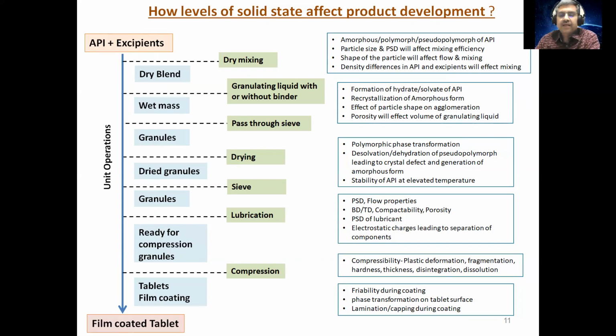Similarly, during the film coating stage, there is friability of the tablet during coating, and there is a possibility of phase transformation on the tablet surface, and lamination and capping can take place during the coating, and these are all affected by the solid state properties.